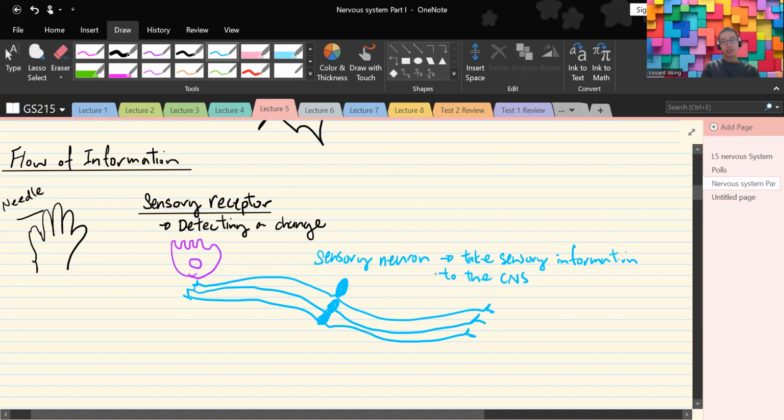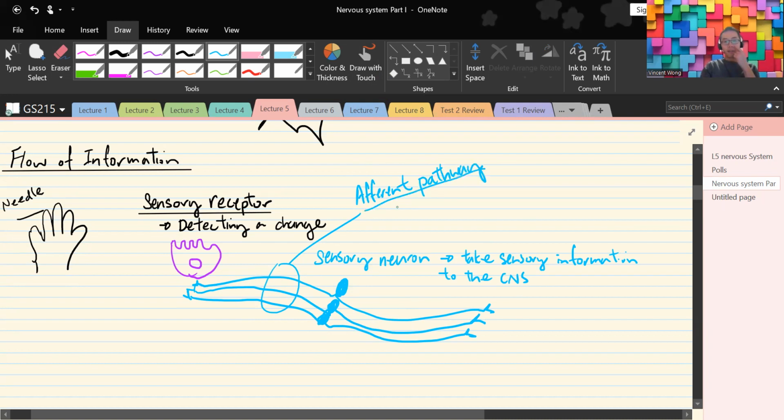So there is a bunch of them, and this whole thing forms what we call the sensory neural pathway, the afferent pathway.